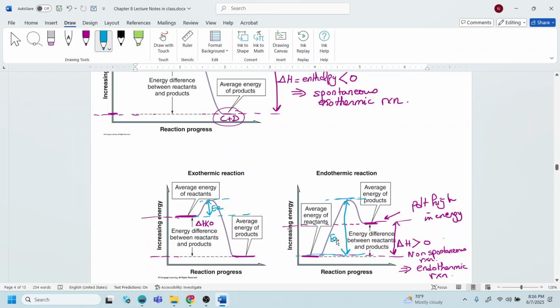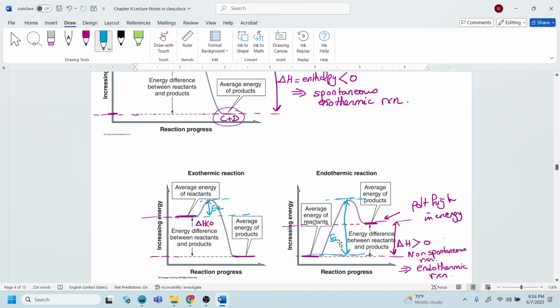If I compare between those two, this one is going to be a faster reaction. This one is going to be a slower reaction because the activation energy is very high in the endothermic reaction. Activation energy again is the distance between the reactants and the highest point, or the highest energy in the energy diagram.